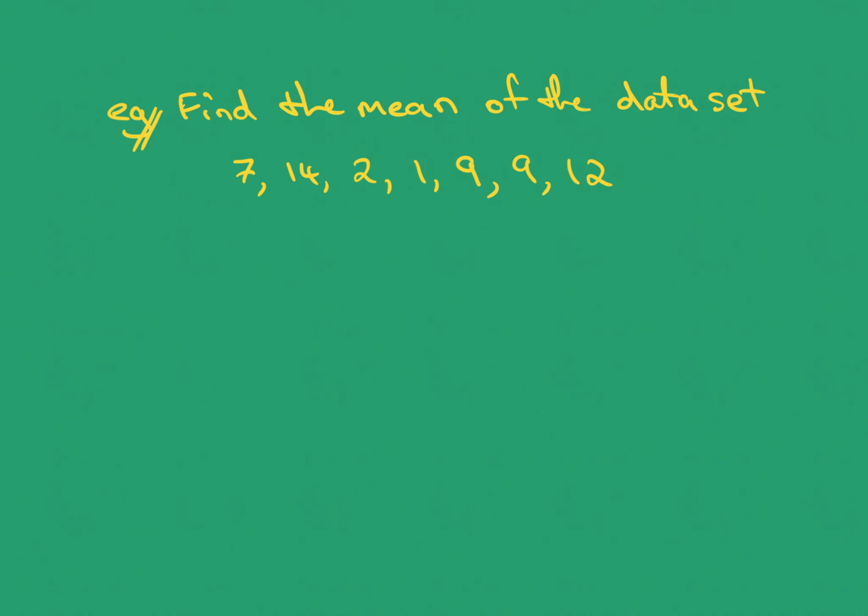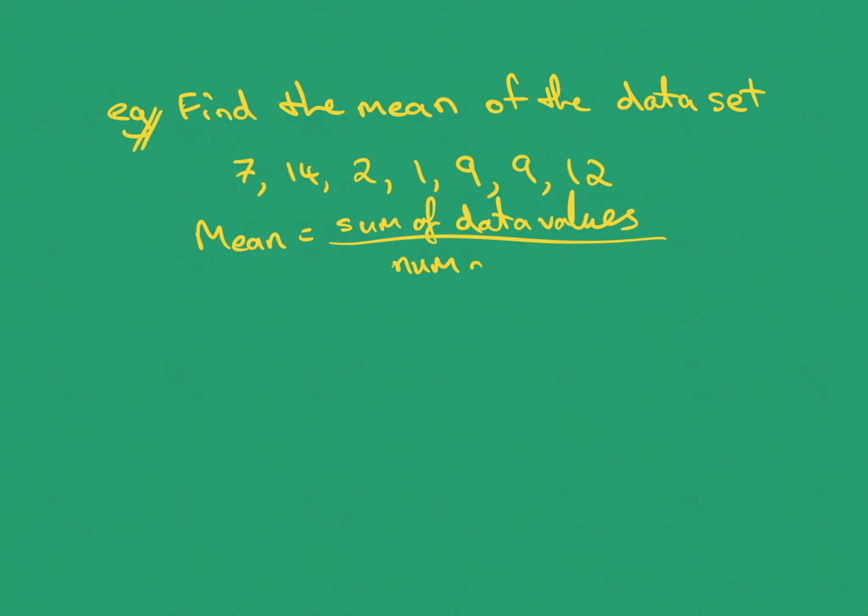So this example is about finding the mean of a data set. We'll be using that mean formula, which is that the mean is equal to the sum of data values on the top, divided by the number of data values.